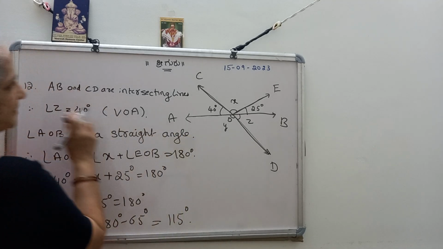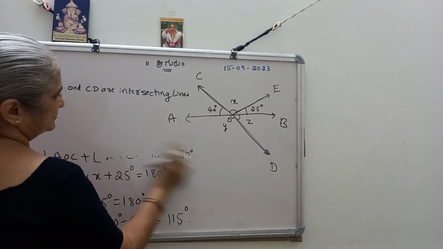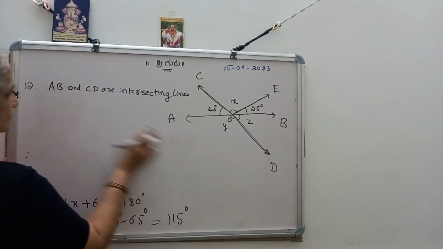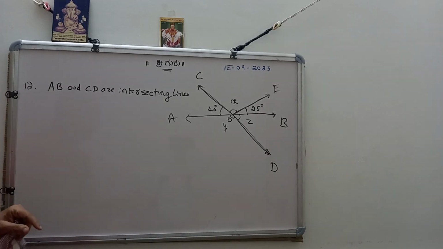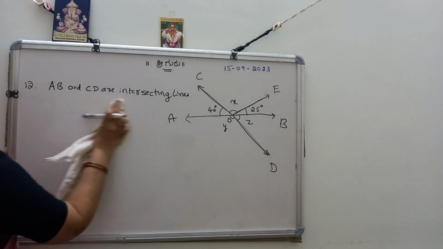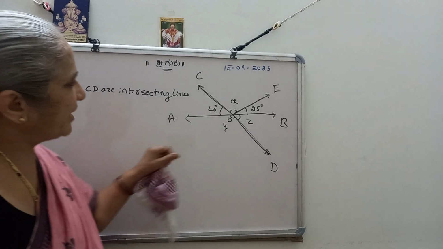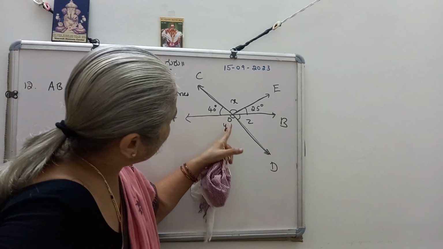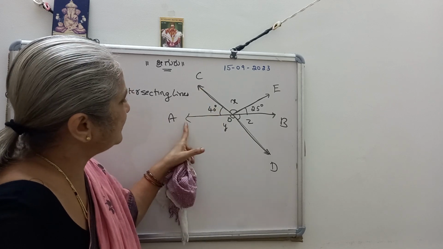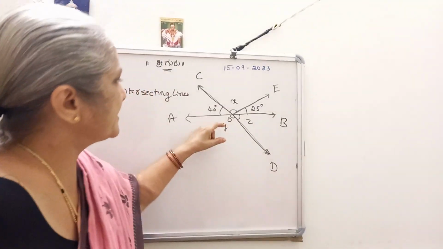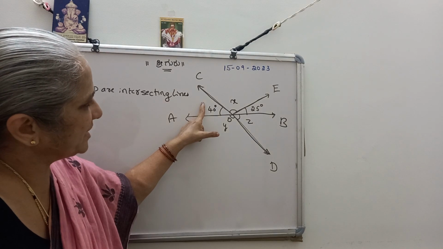Now, what about y? To find y, we have to consider two intersecting lines CD and AB. AB and CD are intersecting at the point O, where Z is equal to 40 degrees, one pair of vertically opposite angles.